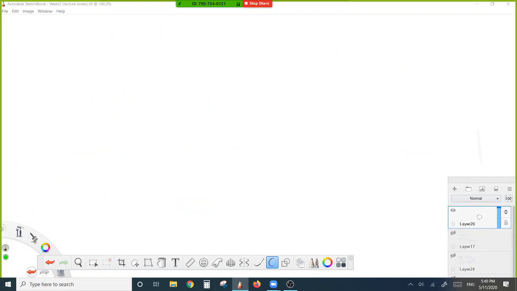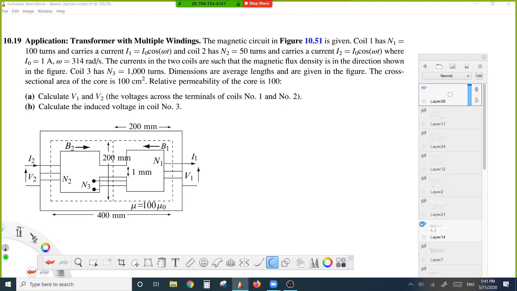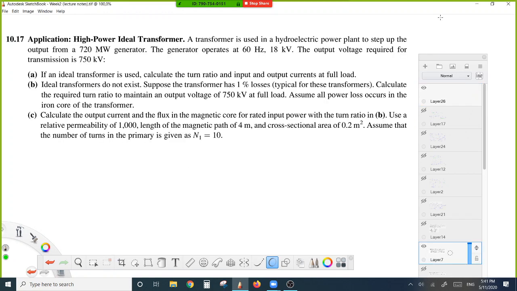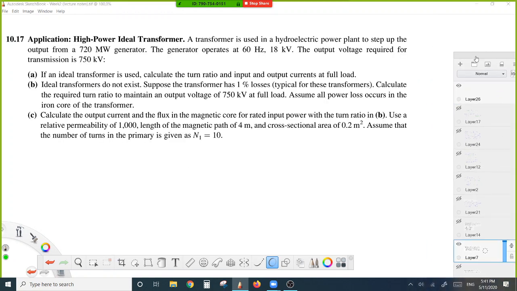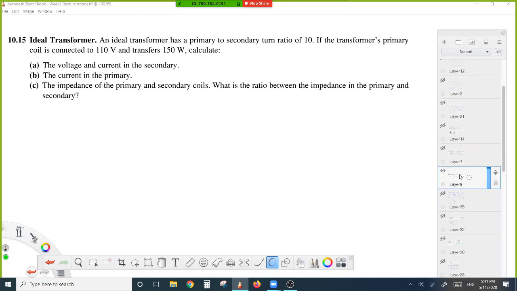Okay, now let's look at another problem. The ideal transformer.